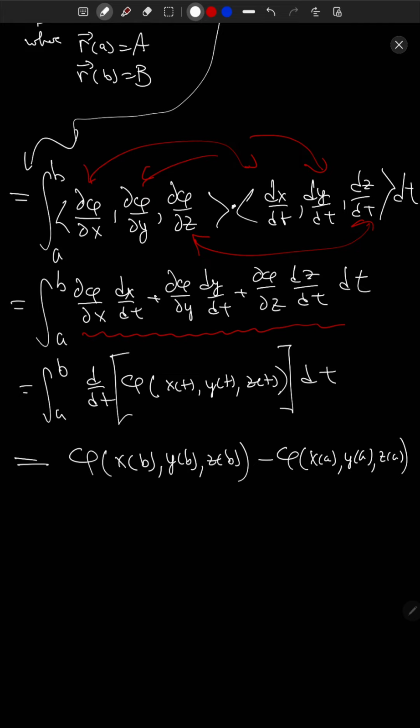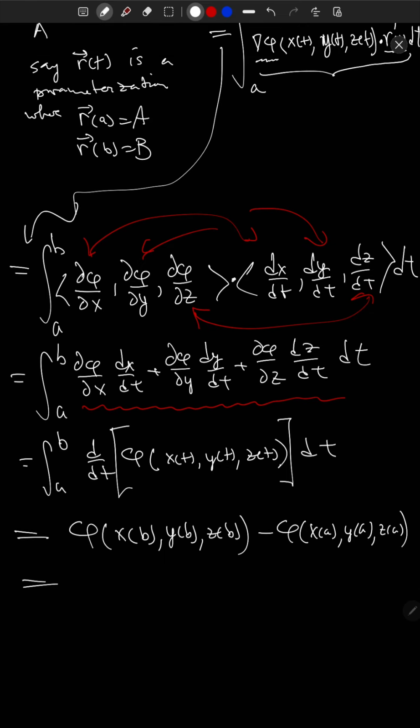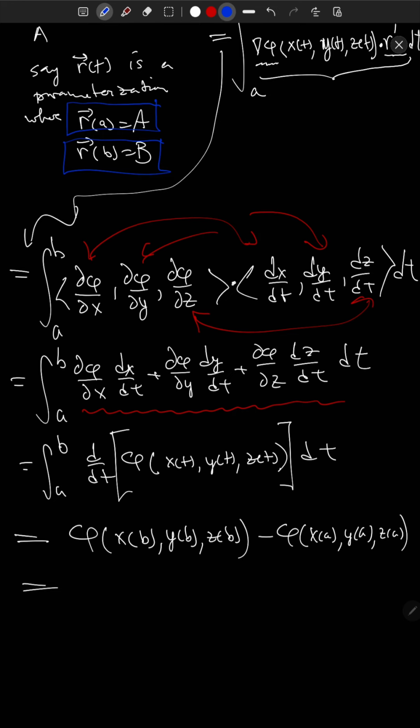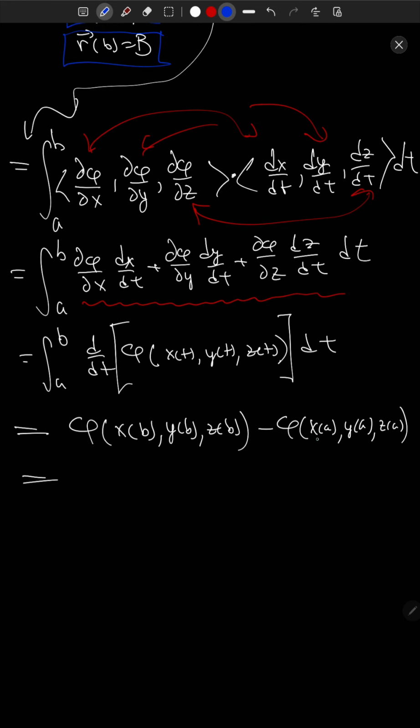All right. Okay, but what is that? Well, we said our parameterization had r of little a is equal to capital A, r of little b is equal to capital B, right? So that means our start point x of a, y of a, z of a is capital A, and our endpoint x of b, y of b, z of b is our endpoint capital B. So this is actually equal to φ of B minus φ of A. Okay.